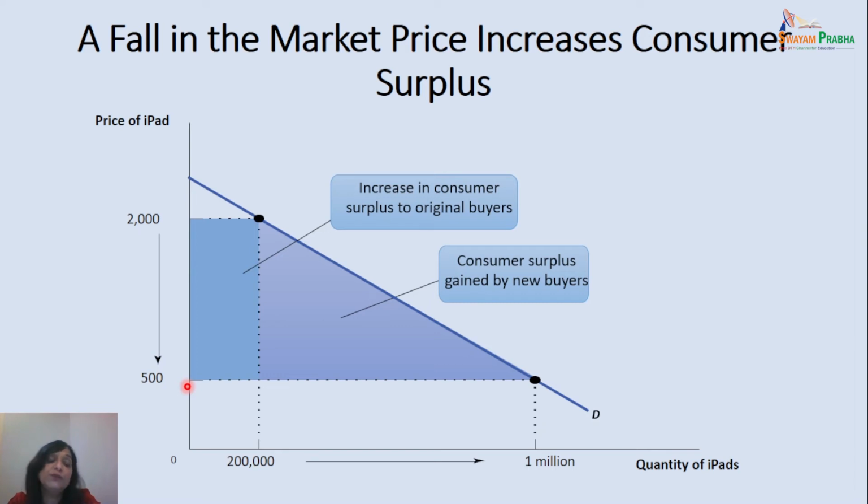So that is what we mean by consumer surplus, which, as we have already said, is the difference between the price which any consumer is willing to pay and the price which he or she actually pays for the product. And consumer surplus can be calculated from the demand curve, because the demand curve gives you various price levels and respective quantity demanded at those price levels.